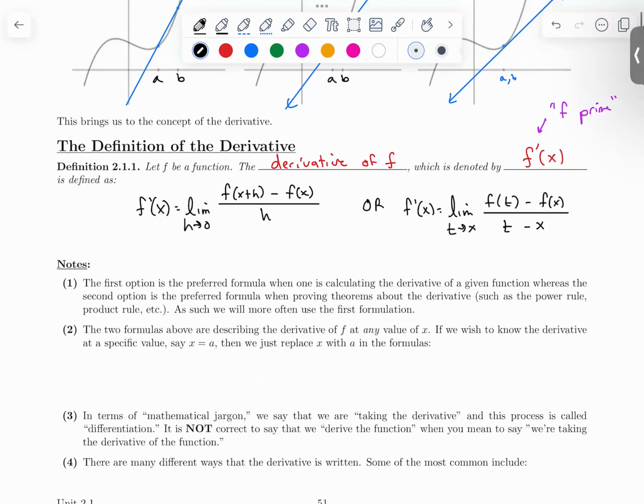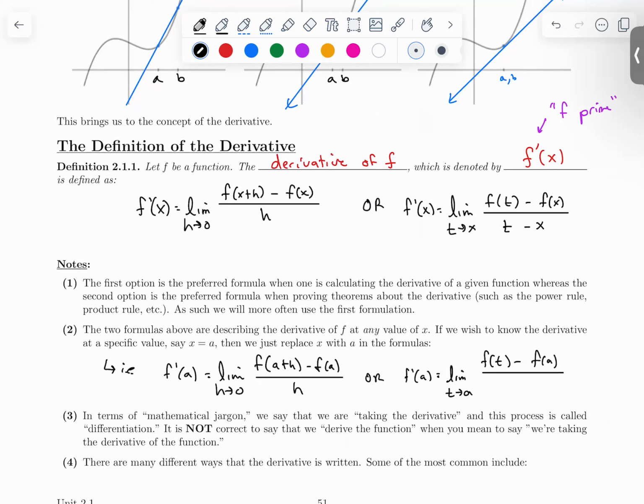So, i.e., f prime of a would be the limit as h approaches 0 of f of a plus h minus f of a divided by h, or f prime of a is equal to the limit as t approaches a of f of t minus f of a all over t minus a.